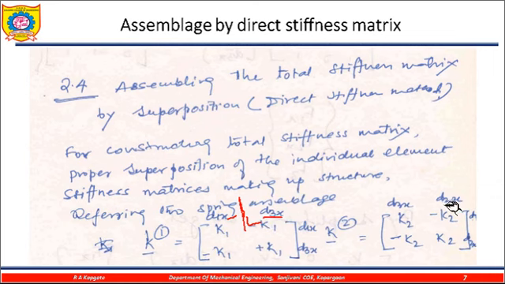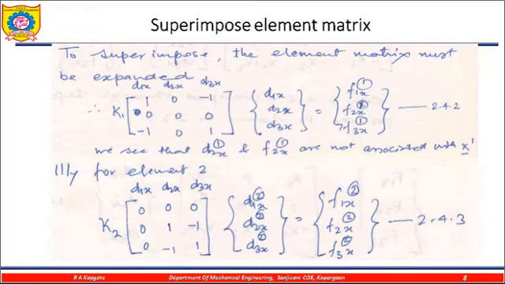Just to superimpose, from that matrix you write here 1, minus 1, minus 1, 1. Now add k2, this is 1, minus 1, minus 1, 1. Always check the diagonal must be positive.